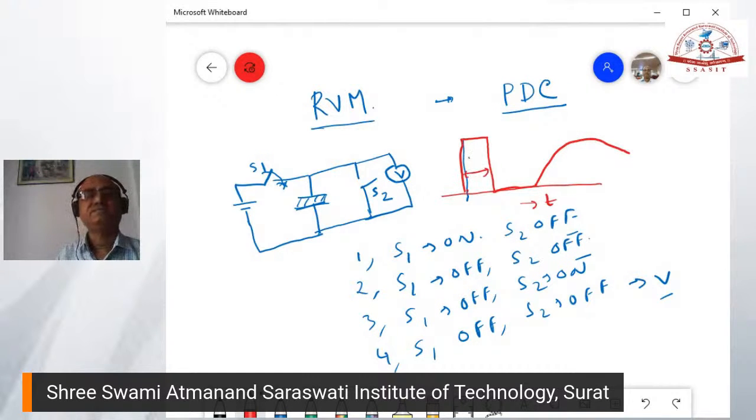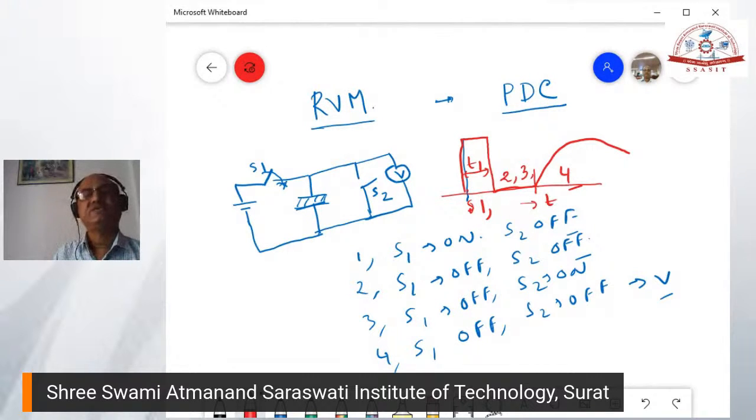So for some time T1 the voltage is applied, this is the S1 first component, this is the second, the third component, and this one is the fourth component, and both are off. We are going to have a voltage waveform like this.